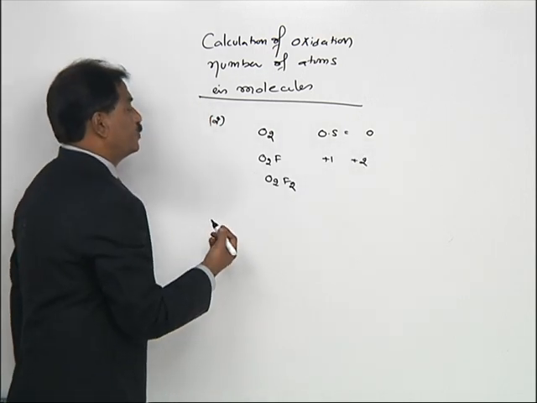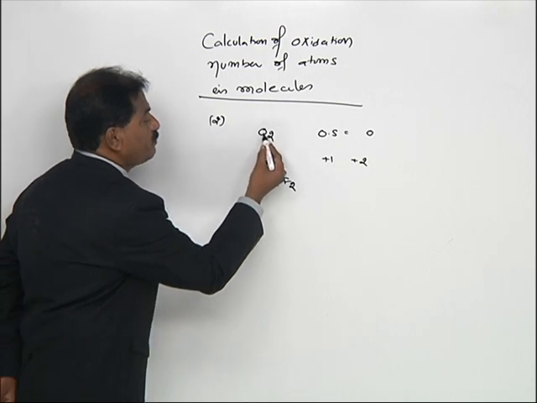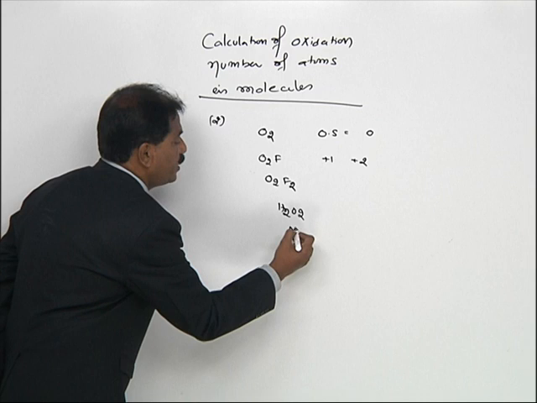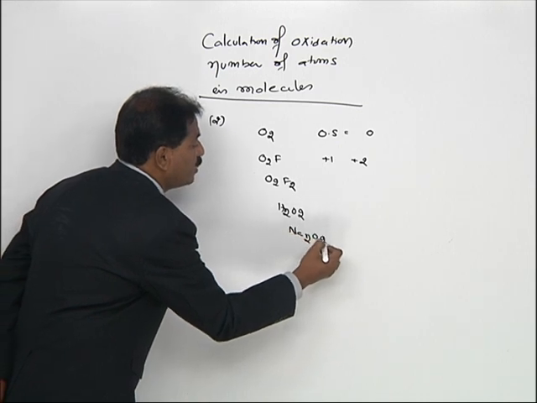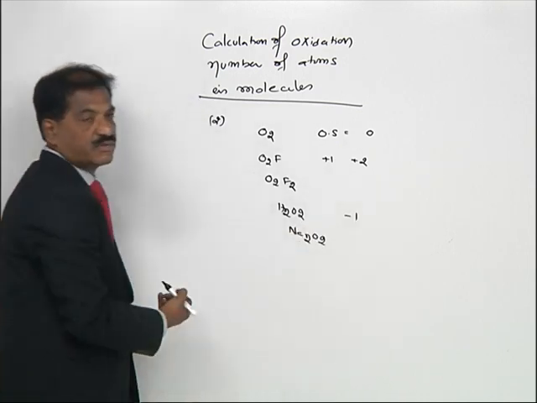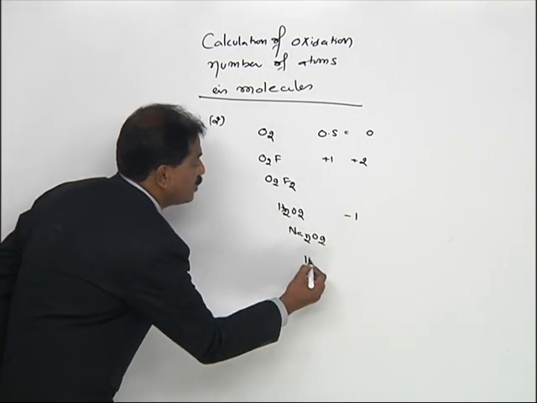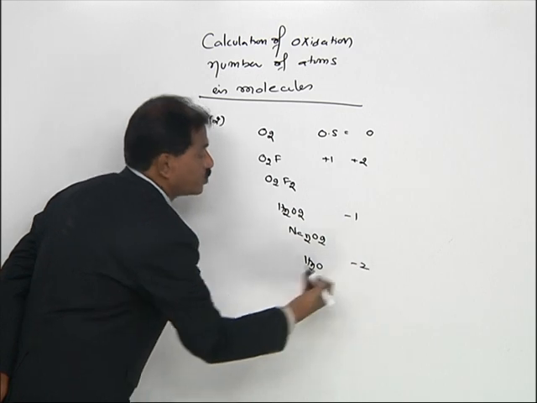Next, if oxygen is present in any peroxide like in H2O2, Na2O2, here in all these molecules we will assign the value -1. Next, in rest of the compounds usually we will give the oxidation state for oxygen -2.